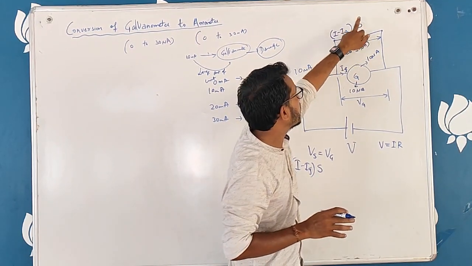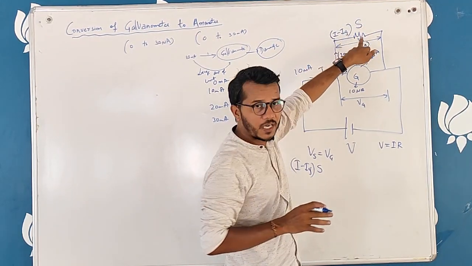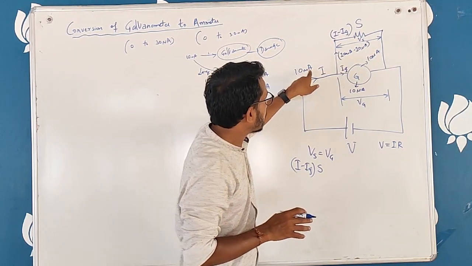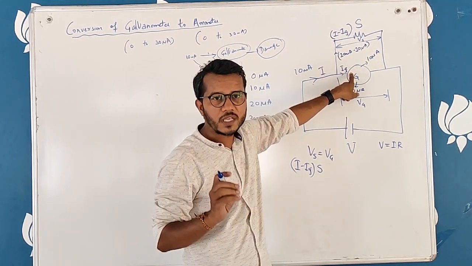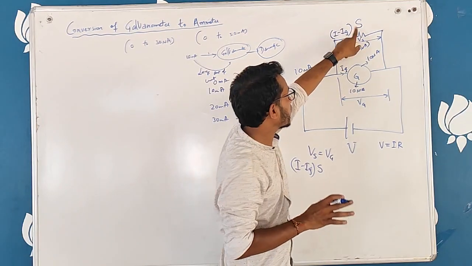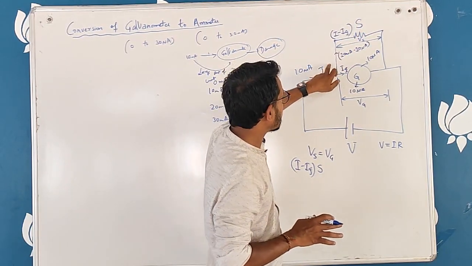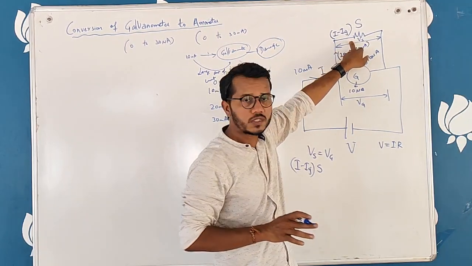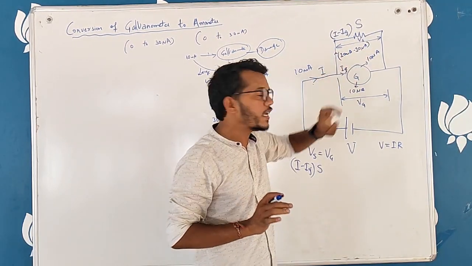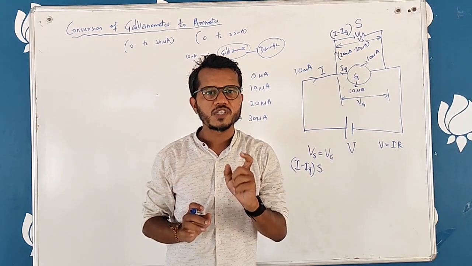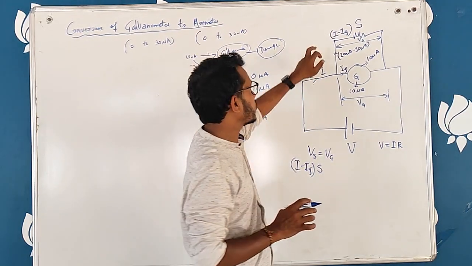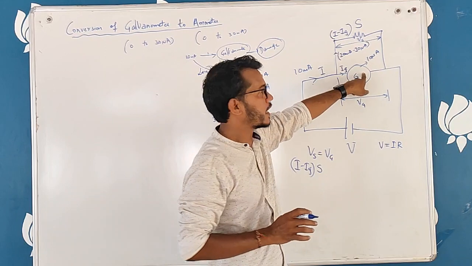If I connect a very low shunt resistor, a large amount of current passes through it. If I connect a larger value of shunt resistance, a large amount of current passes through the galvanometer, and if I connect a small value, a large amount of current flows through the shunt resistance. So we need an exact value of the shunt resistance so that the galvanometer carries only Ig current.